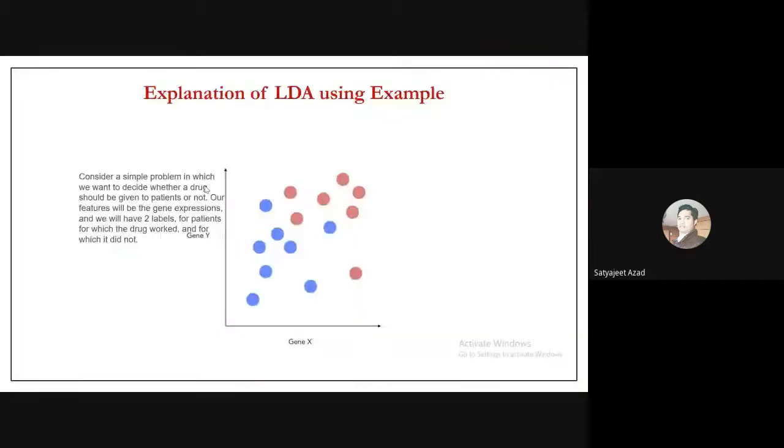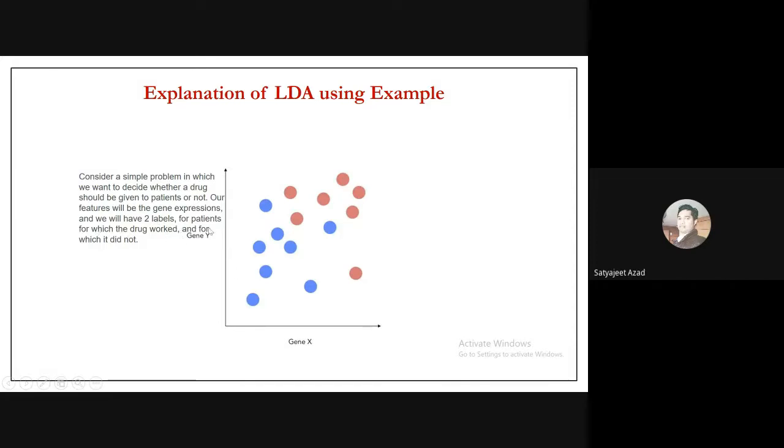One example will make this clearer. Consider a simple problem in which you want to decide whether a drug should be given to a patient or not. Our features will be gene expressions, and we will have a two-class label for patients for whom the drug works or not.